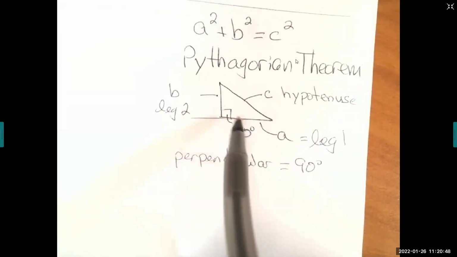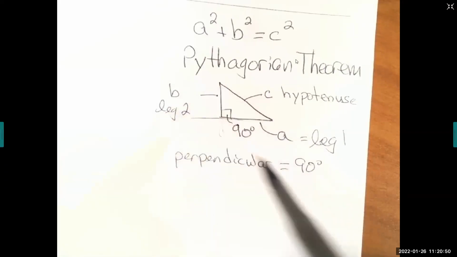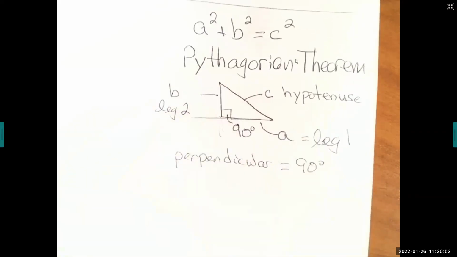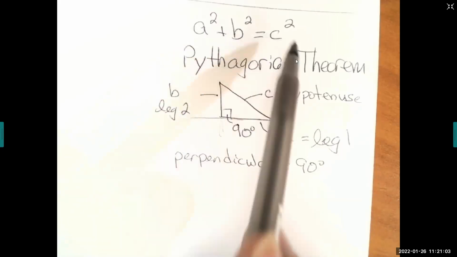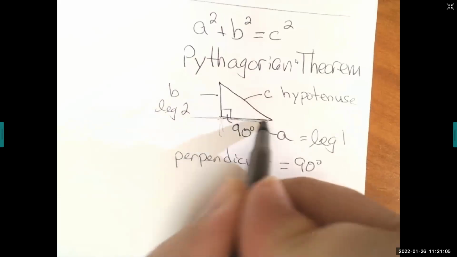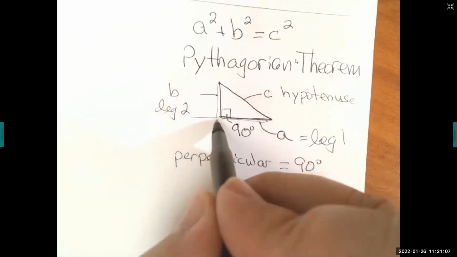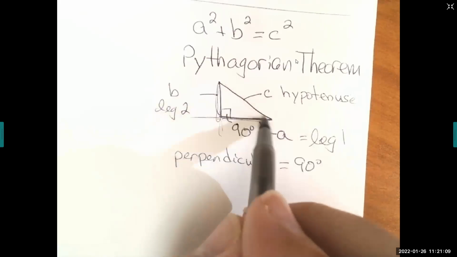So this leg and this leg have to form a 90-degree angle. And then we use the formula a squared plus b squared. It's the length of a squared plus the length of b squared equals the length of c squared.